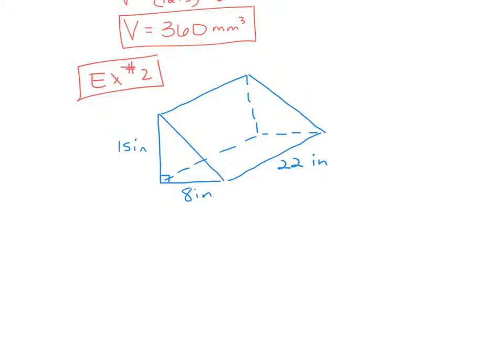Okay, and I warned you about this before the break, but it's been a week, so I'm going to warn you again. I called this what type of prism? Triangular. So what shape is your base?